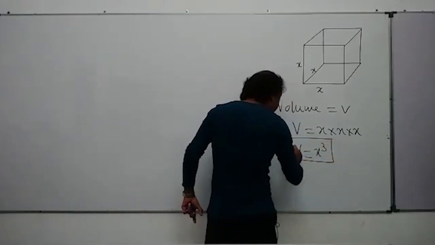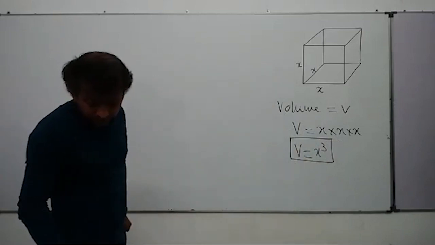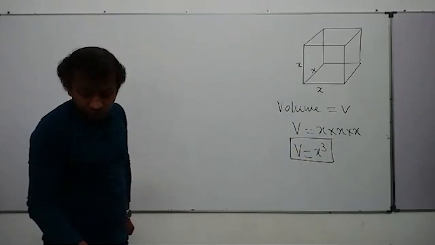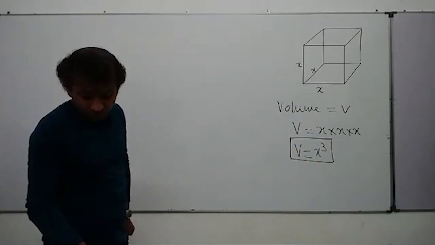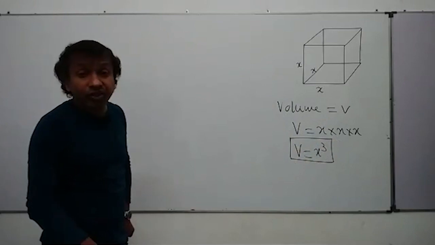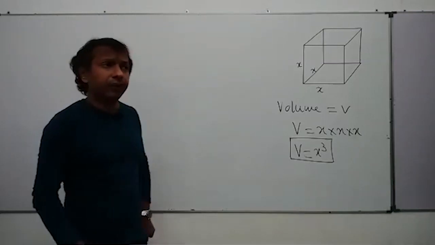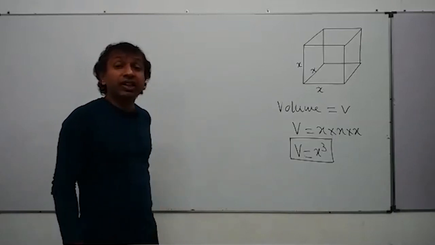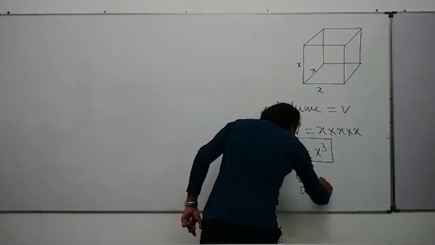And volume is increasing at the rate of 4 cubic centimeters per second. If the volume of the expanding cube is increasing at the rate of 4 cubic centimeters per second, what is this? Rate of increase in the volume. How to write? Rate of increase in volume with respect to time t means dV by dt.